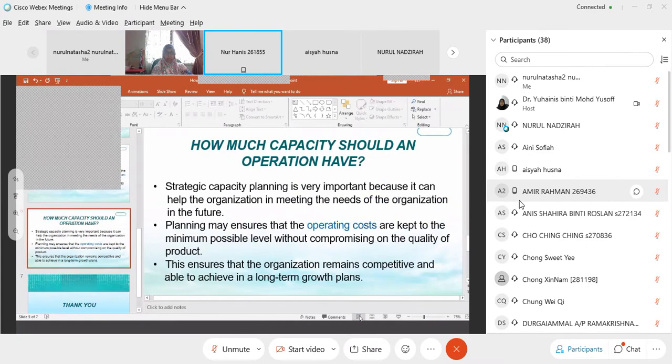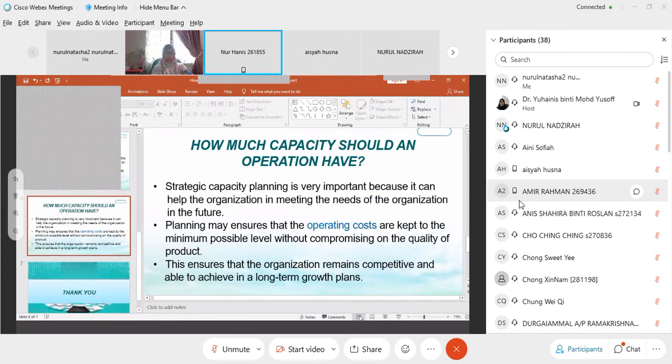This planning is very important to help organization to meet the needs of the organization and ensure that operating costs in minimum possible level to make company being able to competitive and able to achieve in a long term growth plan. So that's all, Doctor.